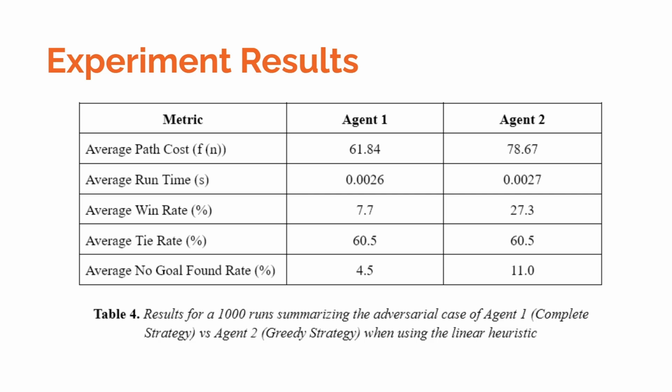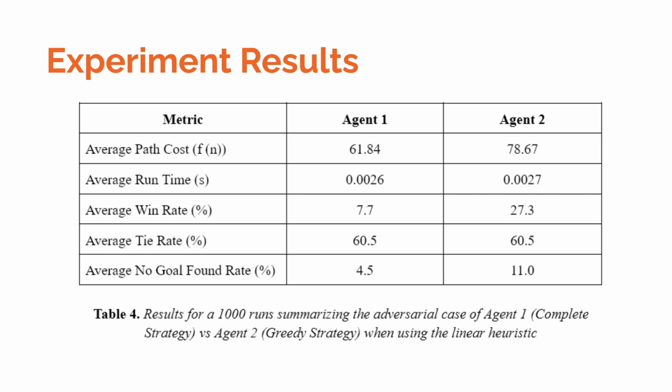Now, to get a better understanding of the effects of the different heuristic functions, we expanded the sample size from 3 to 1,000 mazes. In the first set of 1,000 runs, Agent 1 used the complete A-star approach, while Agent 2 used the greedy approach. Both agents also used the linear heuristic function.